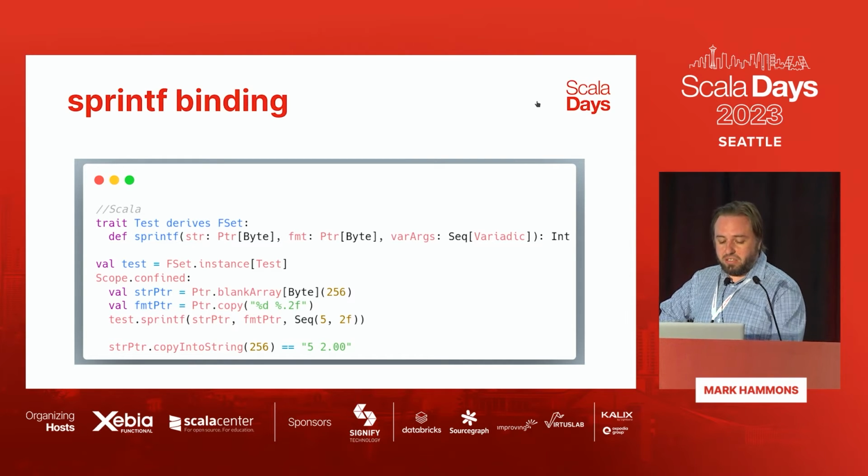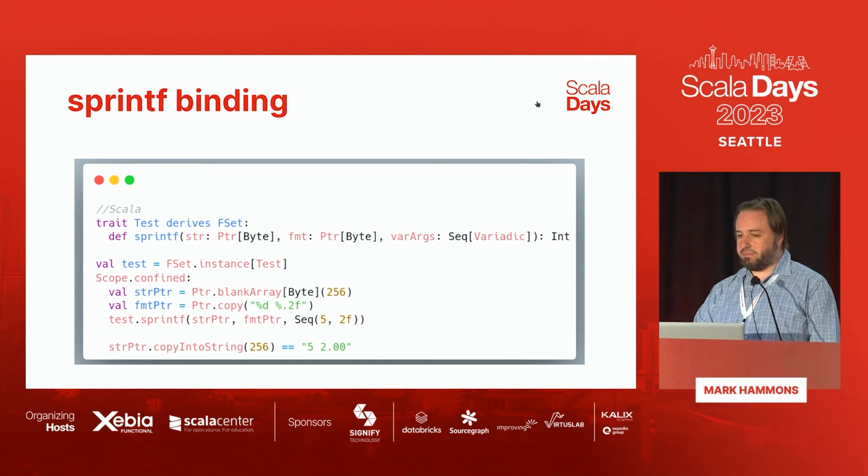And then we pass in our data. So we pass in the string pointer, the blank string pointer, the format string, and then our data to be formatted, which is 5 and 2f. And if we use copy into string from string pointer, we get back 5 space 2.00.